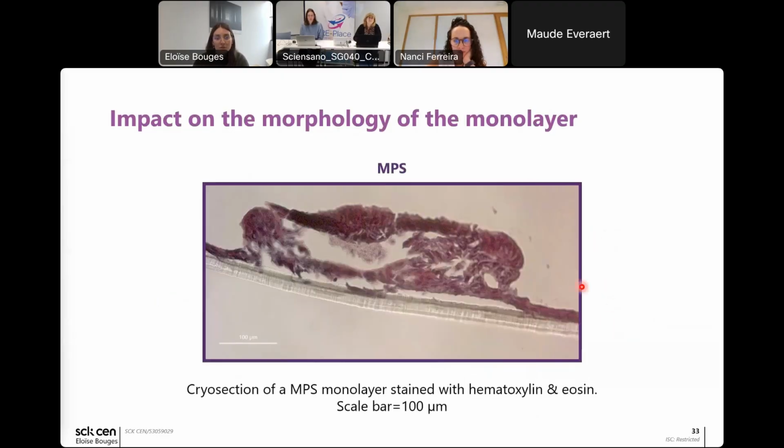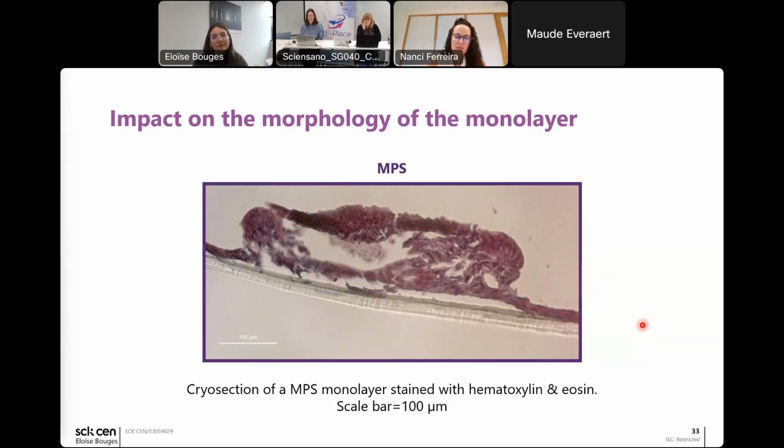There is also the presence of such types of surfaces around the monolayers, as I mentioned before when we looked at the SEM images, where I was saying that for sure the monolayers were not completely flat and that we were seeing some topography. This is also another way of looking at it. We see it both in MPS and static, but it's thicker and more present in the MPS system.